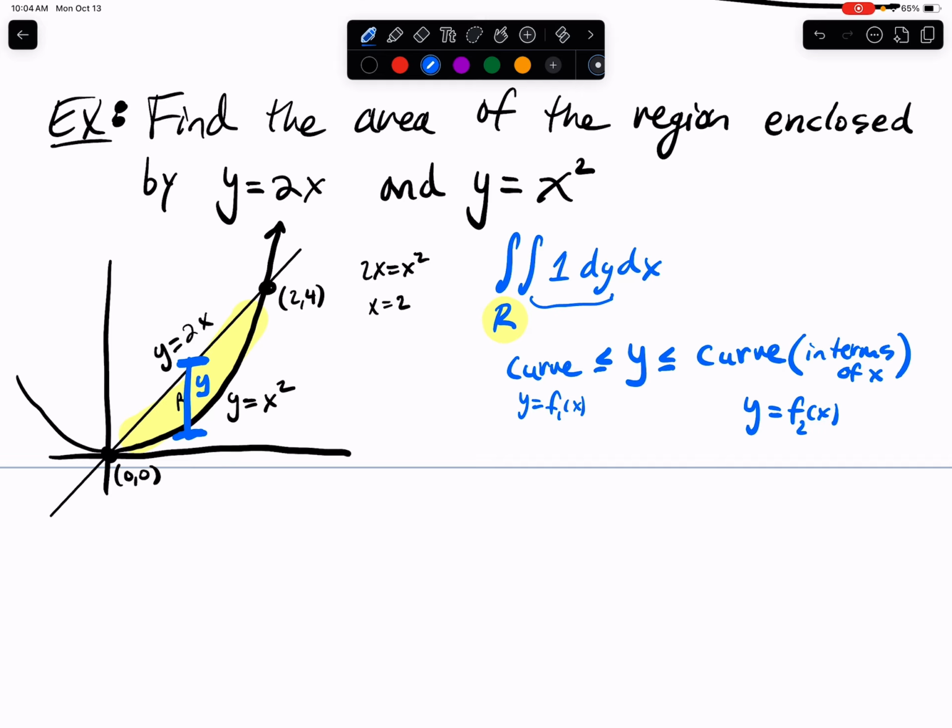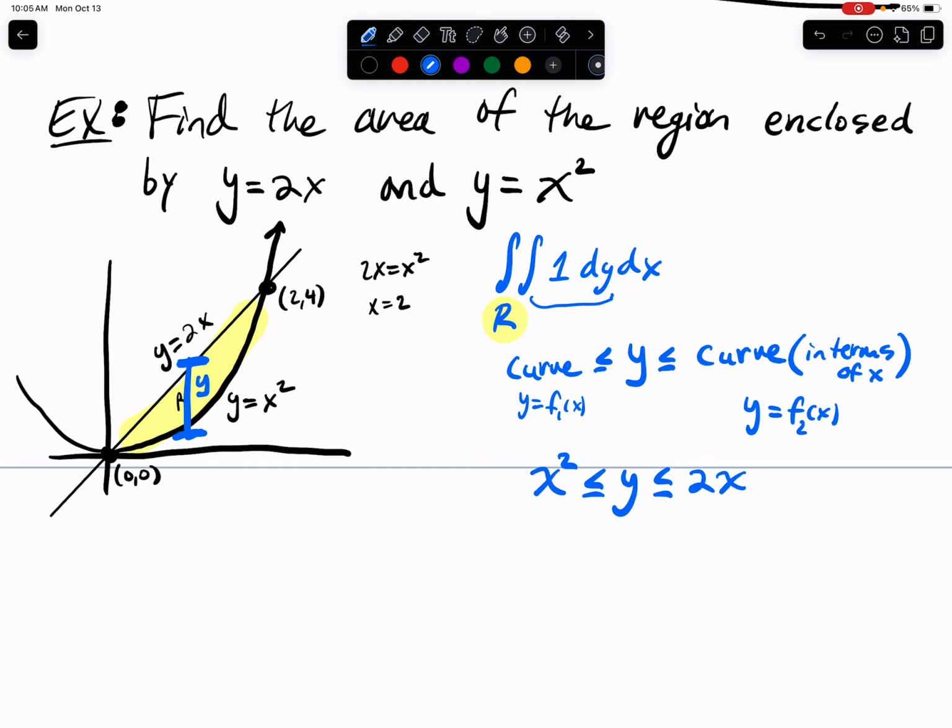I already have y equals 2x and y equals x squared, so I'm good to go. The low side is y equals x squared. It's bounded below by that curve, and it's bounded above by y equals 2x. So that's probably the easiest way to do it.